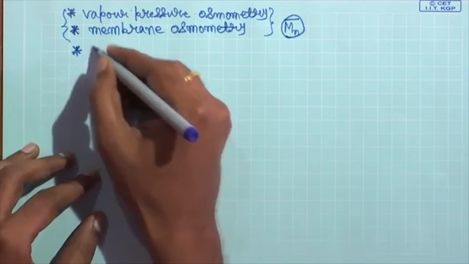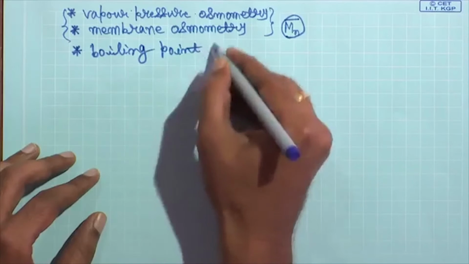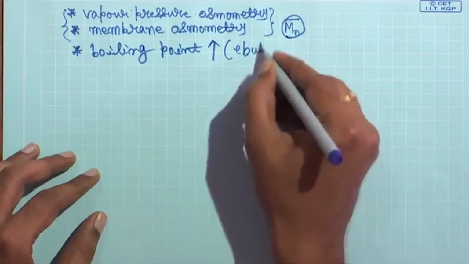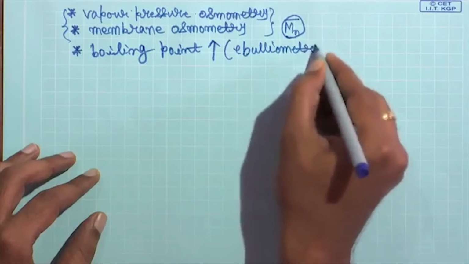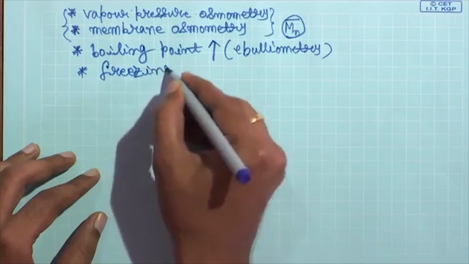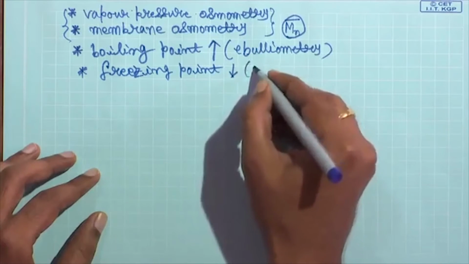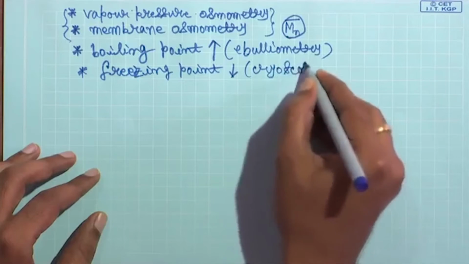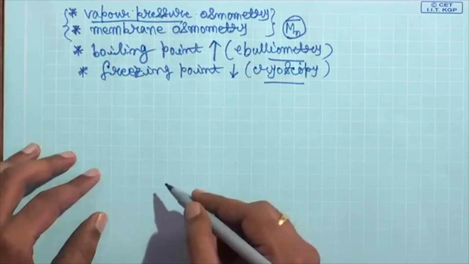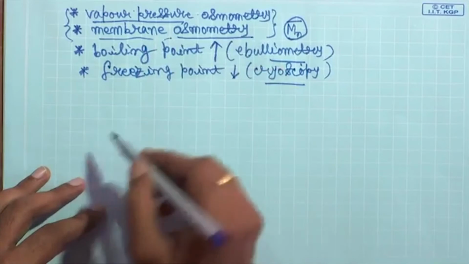You can look at boiling point elevation, which is called ebulliometry, or freezing point depression, lowering of the freezing point, cryoscopy, or you can look at the vapor pressure change, or you could have membrane osmometry.